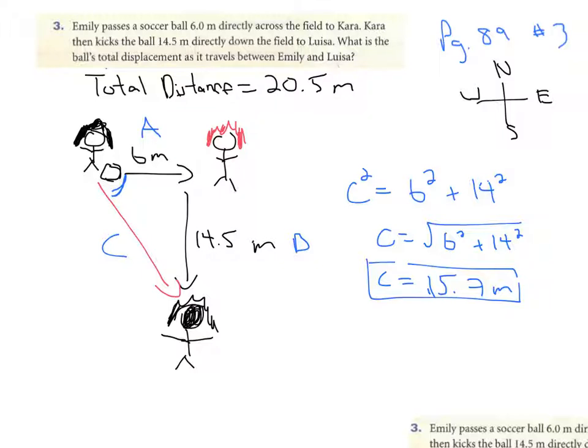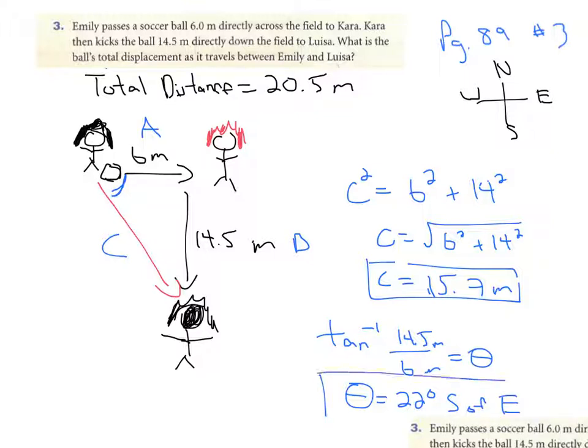So we're going to do the inverse tangent of 14.5 over 6, 14.5 meters over 6 meters, which will give us the angle, and the angle comes out to 22 degrees. And if this is east, then we are going south of east by 22 degrees. So this is 22 degrees south of east. So there is our direction.